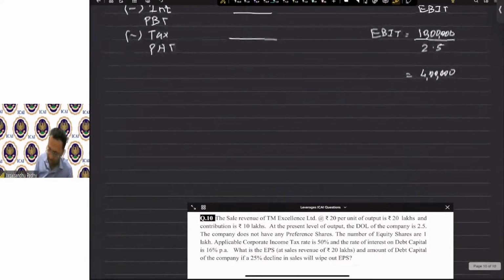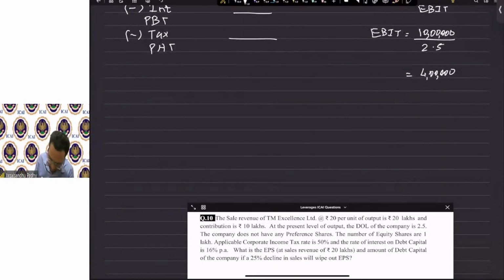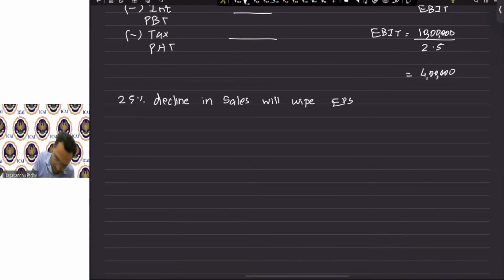Now, this is a really interesting part because they say a 25% decline in sales will wipe out EPS.